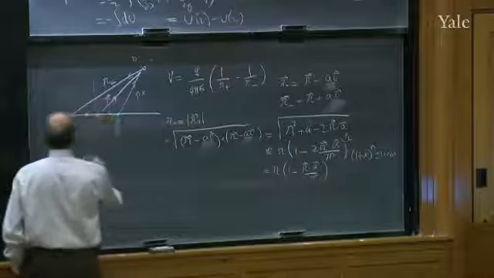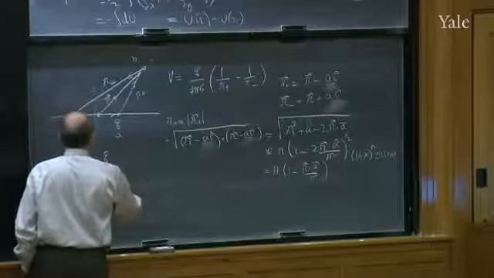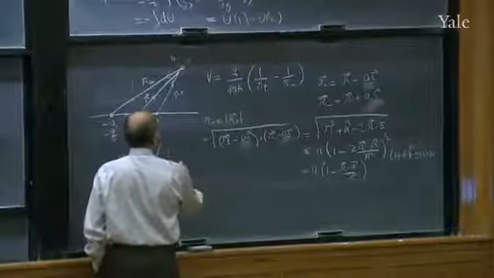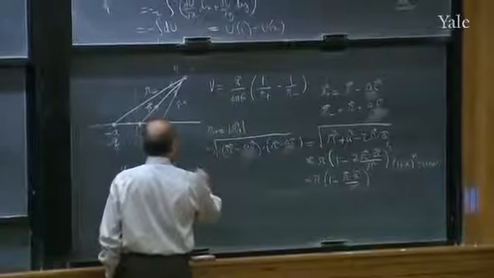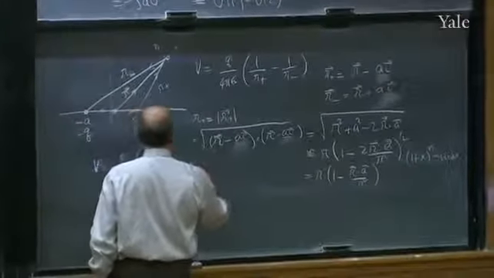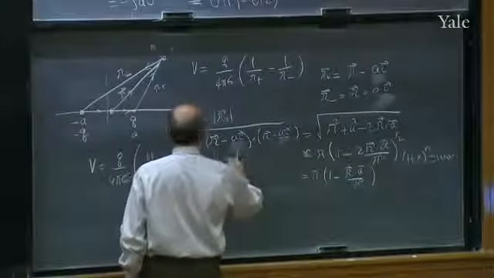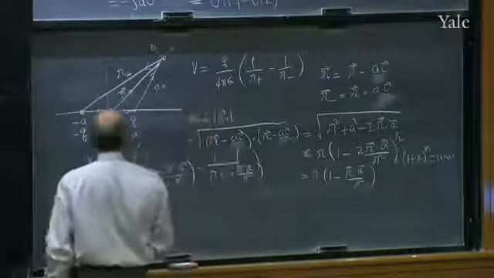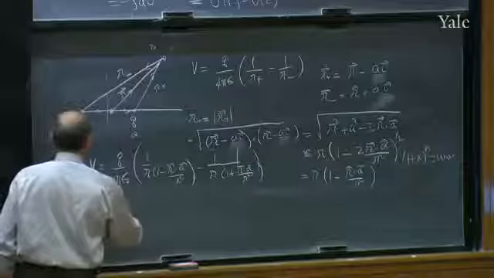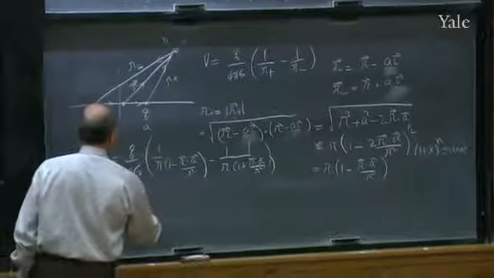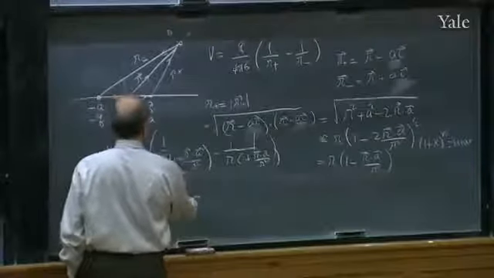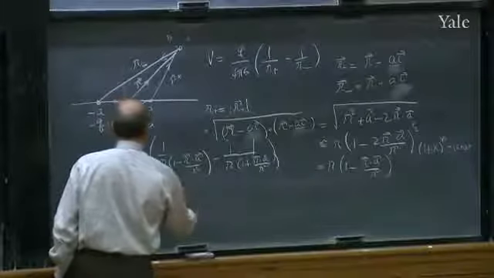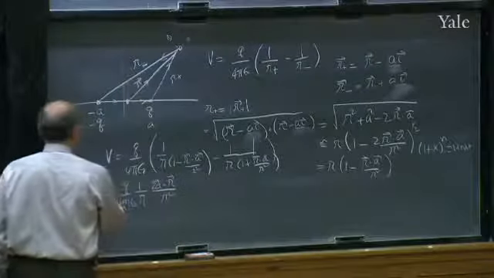So now you can see V is equal to Q over 4 pi epsilon 0 times 1 over R times 1 minus R dot A over R squared, minus 1 over R times 1 over 1 plus R dot A over R squared. This is going to be found in every textbook on the planet, so don't worry about it. If you simplify this again by taking it upstairs, you'll get twice A dot R divided by R squared. That's the potential.